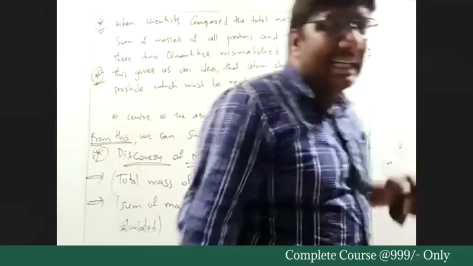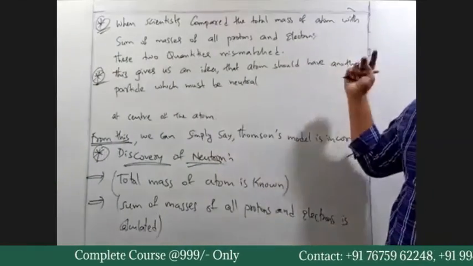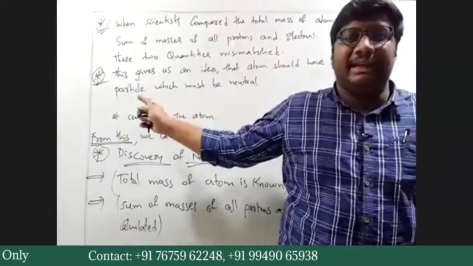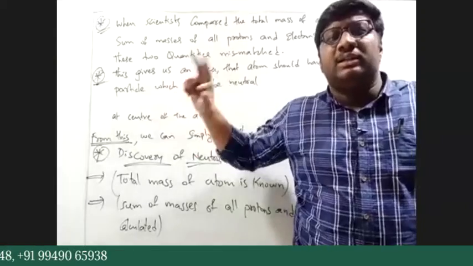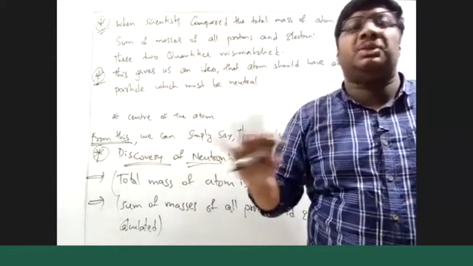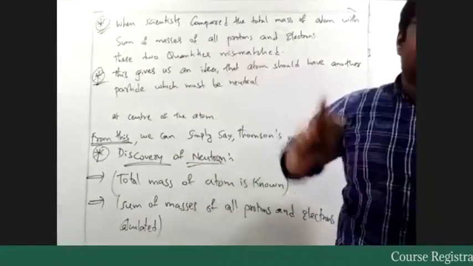So this gives us an idea that the atom should have another particle which should be neutral. If it is not neutral, then the atom as a whole would not be neutral. So this should be neutral.